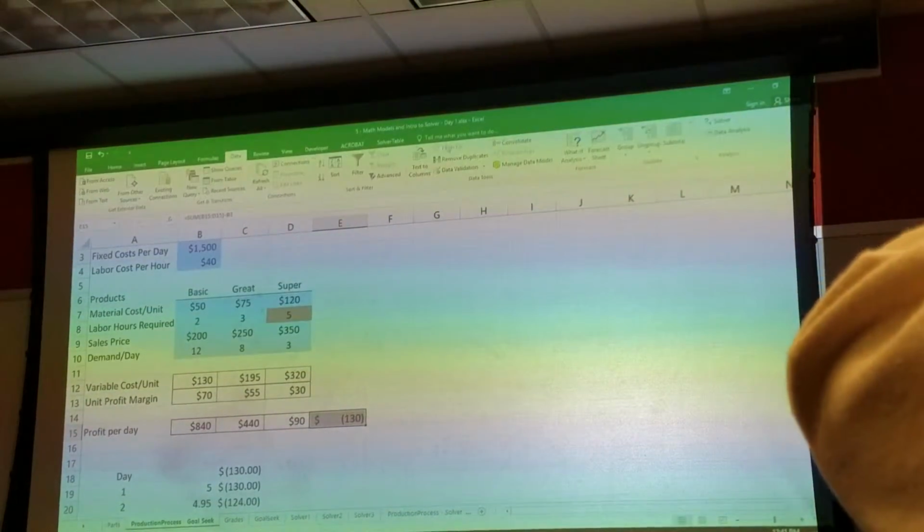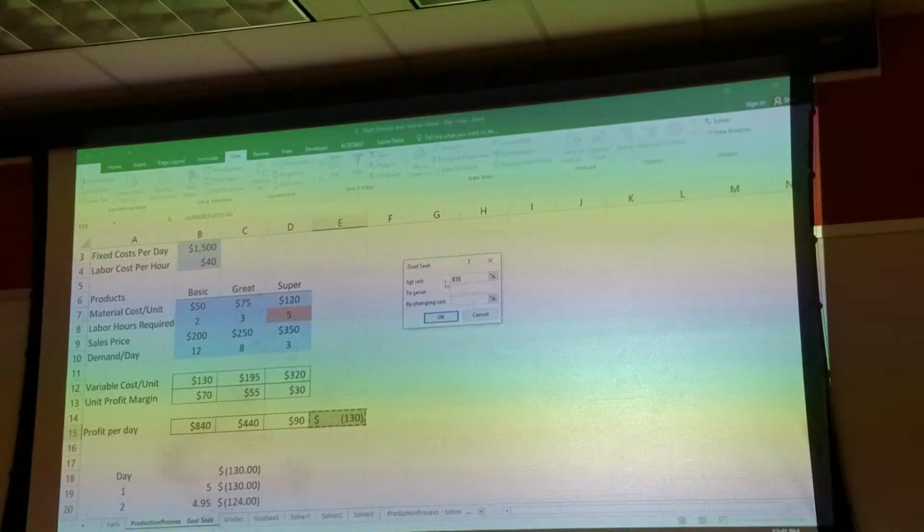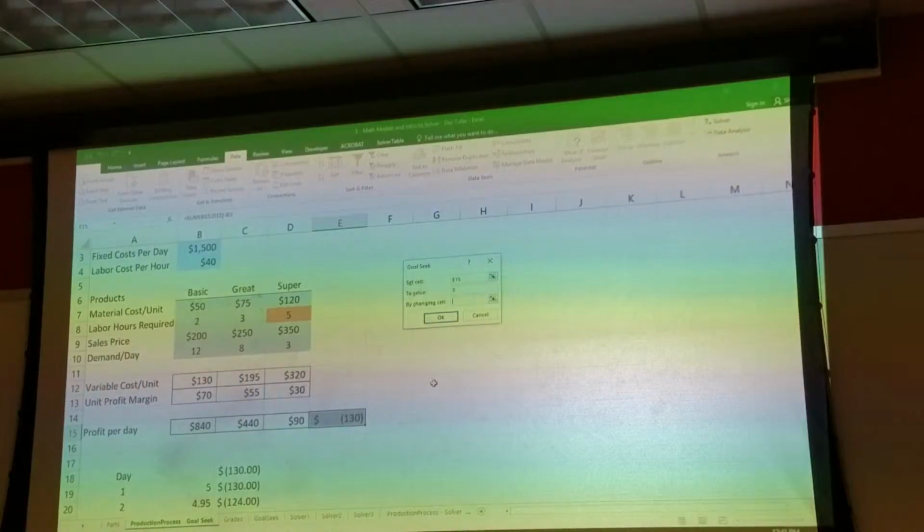Data, what-if analysis, goal seek, where we set that profit loss cell at 0 by changing T, which is how fast they can make these super widgets.